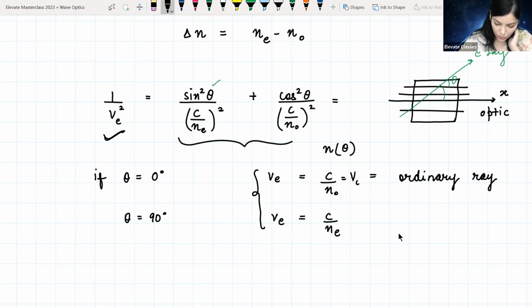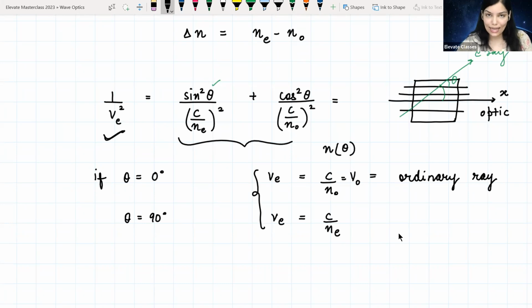This is equal to V naught. That is why I said that the velocity of the extraordinary ray would always fall between V naught and VE. So these are the two bounds. Now, depending on whether N naught is greater than NE or NE is greater than N naught, I will get V naught greater than VE or VE greater than V naught. Okay, so I'll have a positive crystal or a negative crystal like that.